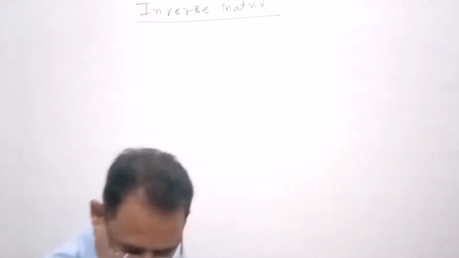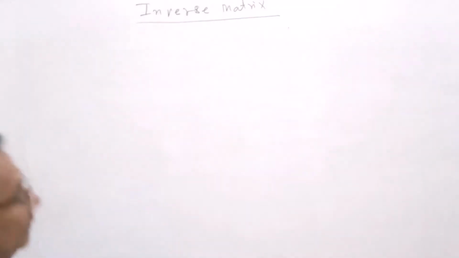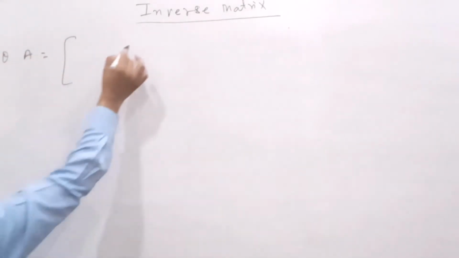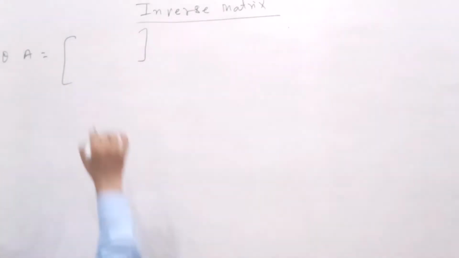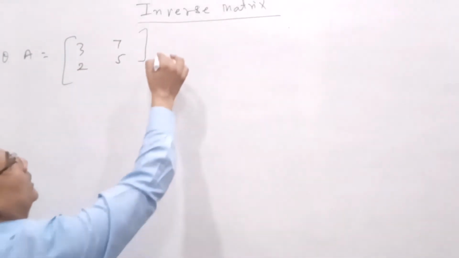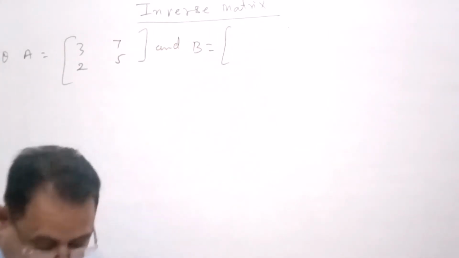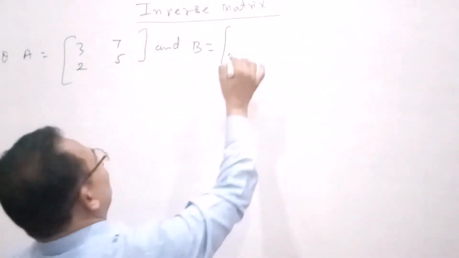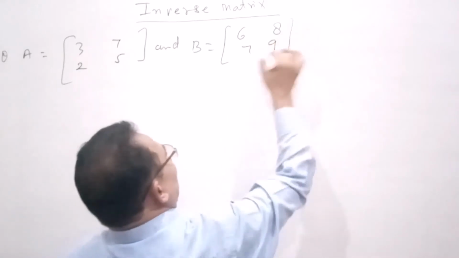Yes, if the given there are two matrices A and B, if the matrix A is equal to 3 2, 7 5, and B is equal to 6 8, 7 9.